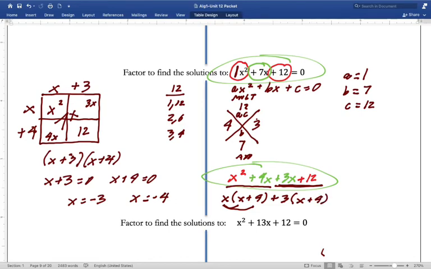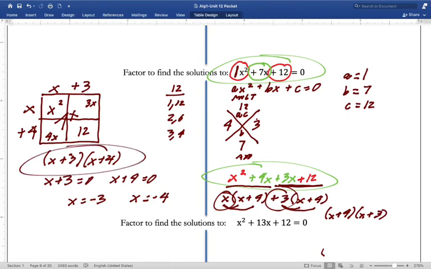Notice the x plus 4s are the same. That always is true if you do this right. So 3 times x gives us 3x, and 3 times 4 gives us 12. So our factors are x plus 4, and then I have an x plus 3 left, which is the same as over here, which means I'm going to get the same two solutions, negative 4 and negative 3.